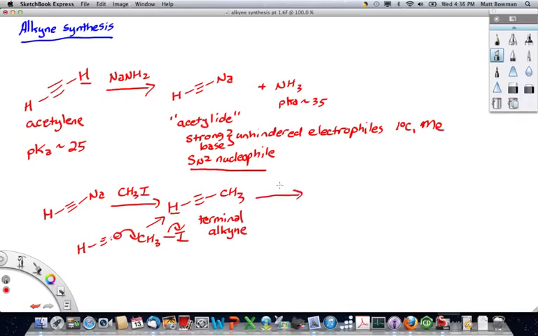Of course, you can remove that CH proton with, again, sodium amide. And then you can react this with another SN2 electrophile, like bromopropane, to give you the product.